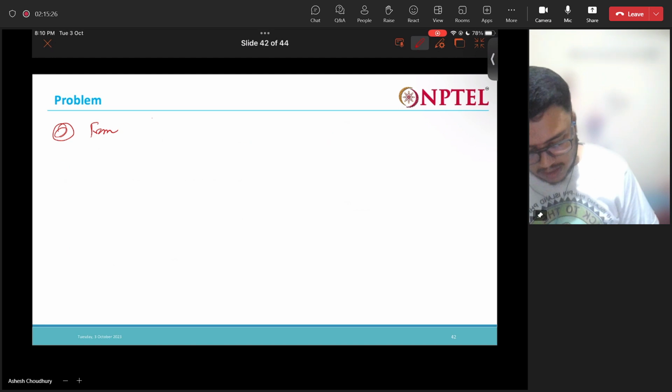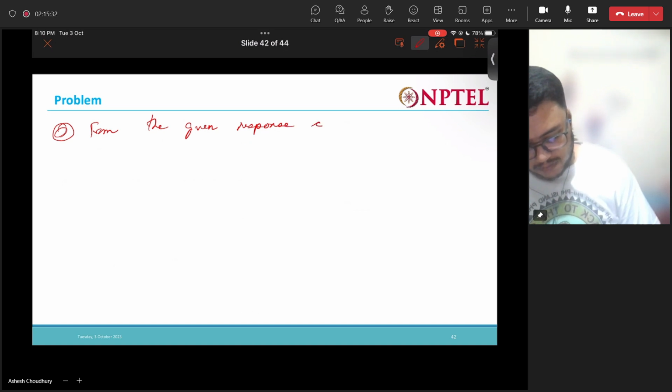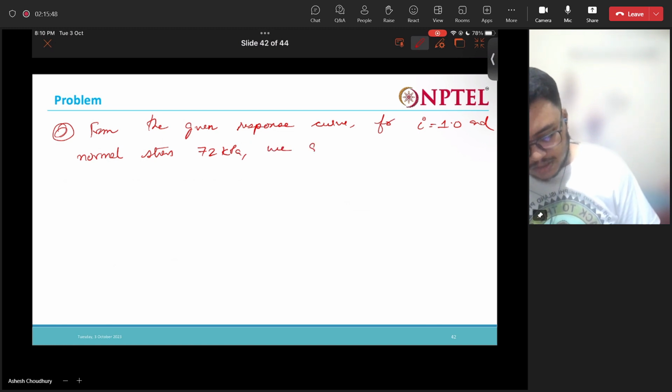From the given response curve, for i equal to 1 and normal stress 72 kPa, we get theta.